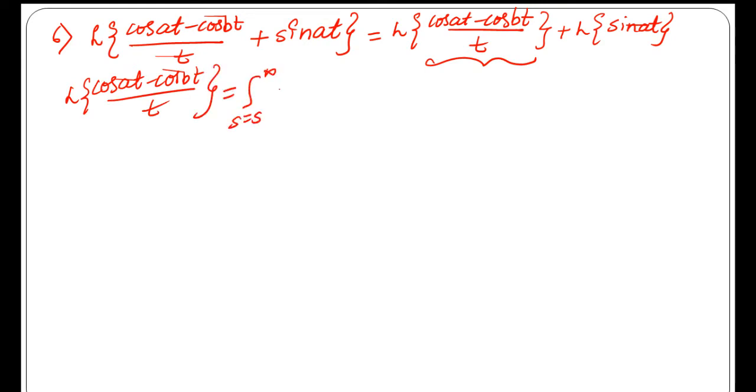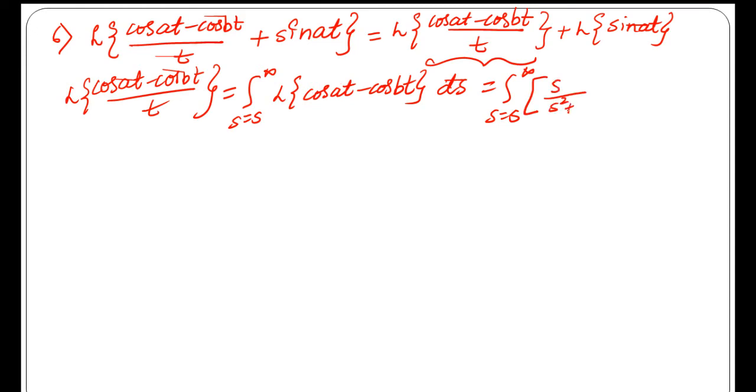Apply property number 3, that is integration from s to infinity of the Laplace transform of the numerator cos at minus cos bt with respect to s, that is integration x from s to infinity, cos at Laplace transform is s by s square plus a square minus s divided by s square plus b square with respect to x.